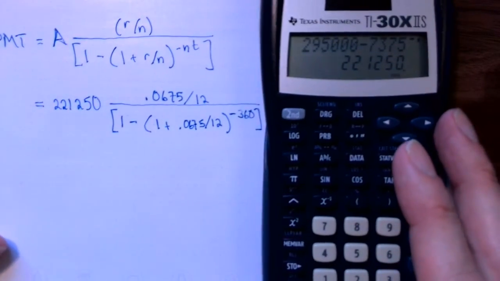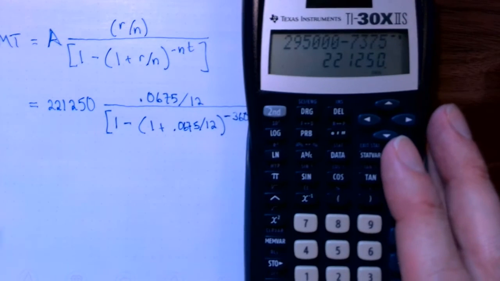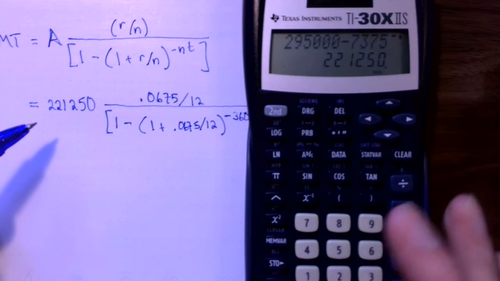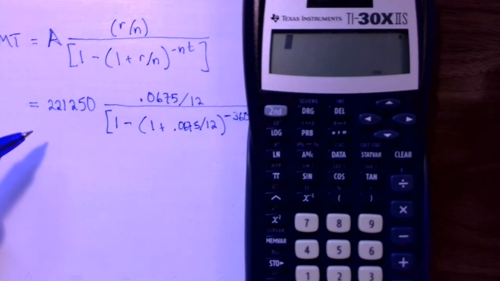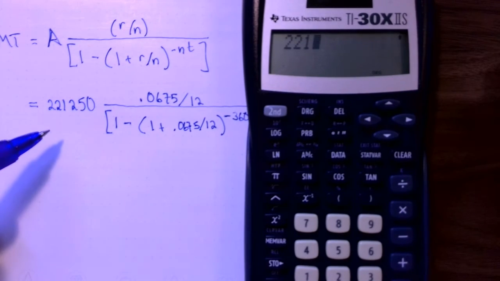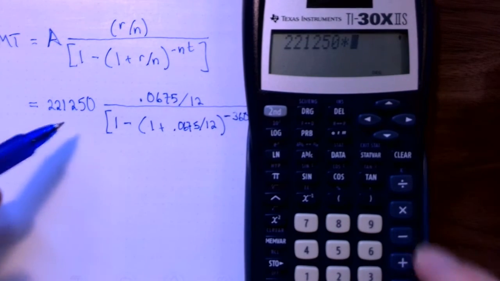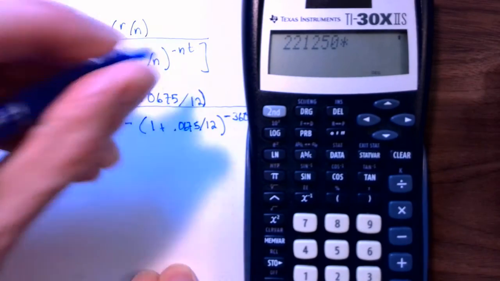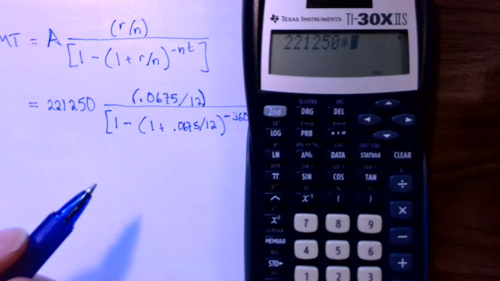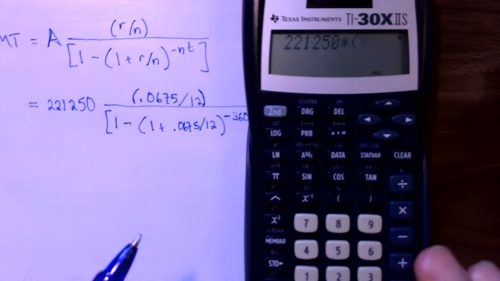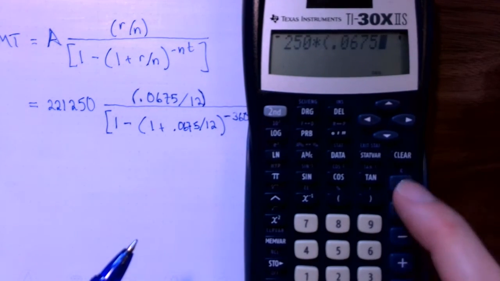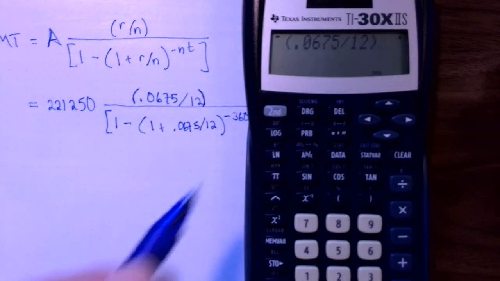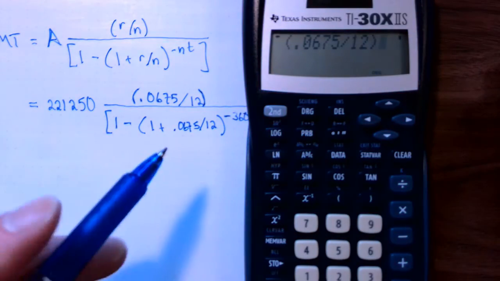I like this calculator here because I can essentially enter this formula exactly as it looks. Let me clear out the calculator here. $221,250 times. And I recommend you put the numerator in parentheses when you do this on your calculator. 0.0675 divided by 12. So that's the parentheses for my numerator.